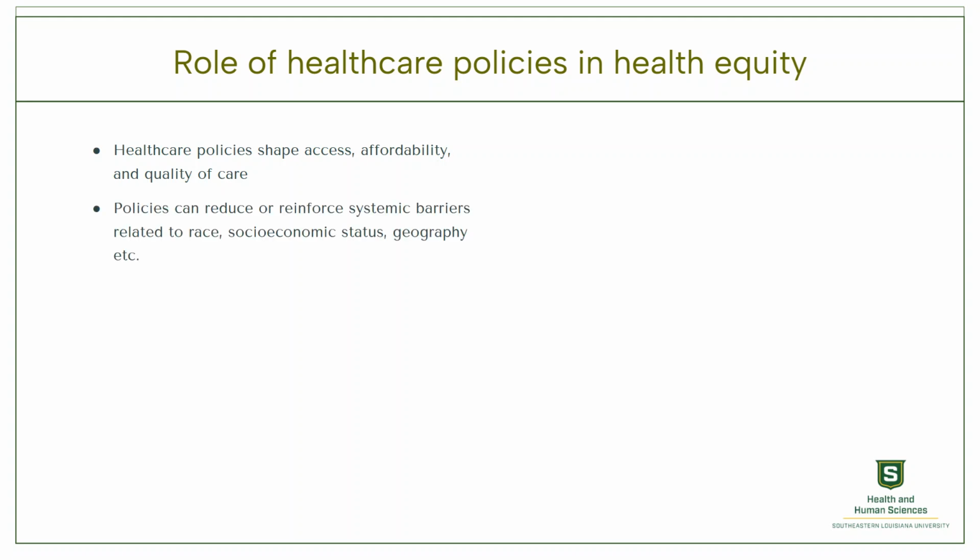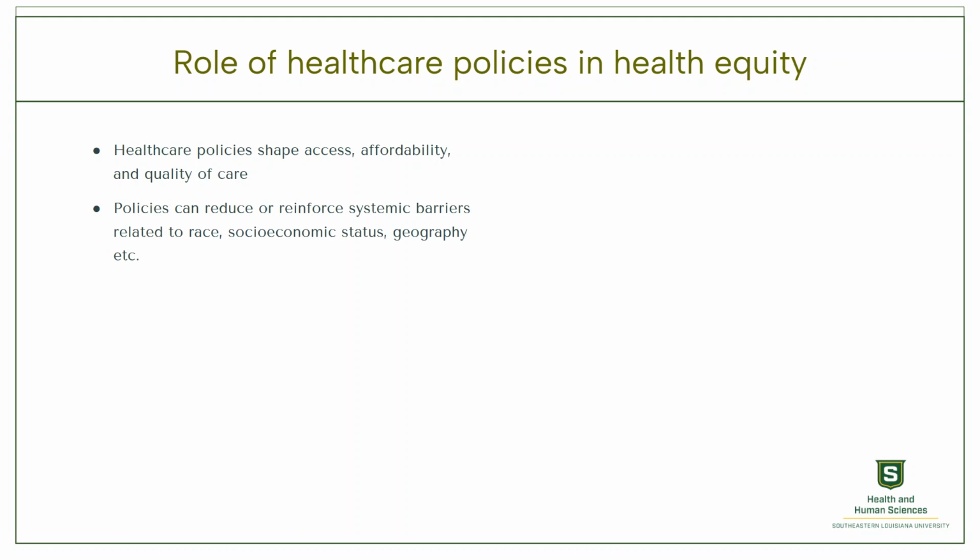So policies can reduce and/or reinforce systemic barriers. That's why it's important that when you are designing a policy, you consider the fact that policies can be a double-edged sword. They can do both good and harm.